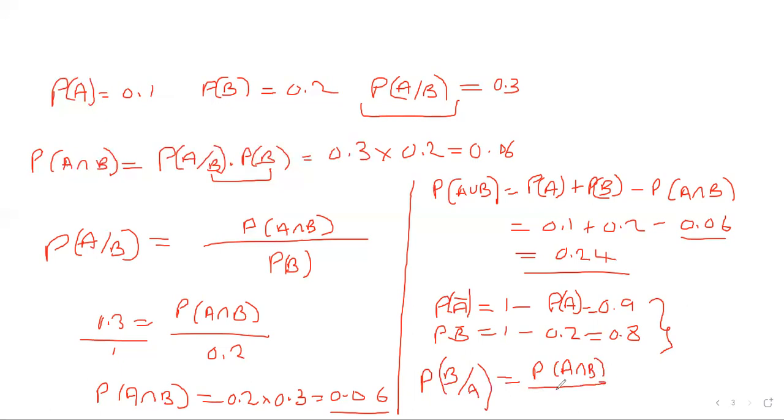But what comes down here is the A. So we already found the intersection as 0.06. And our A is 0.1. So when you divide this, you're going to get 0.6.